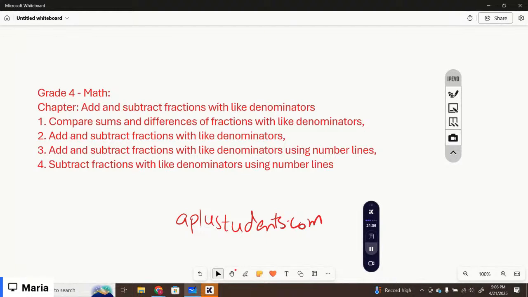We're going to start with the chapter add and subtract fractions with like denominators. The lessons we're going to cover today are comparison, sums and differences of fractions with like denominators, add and subtract fractions with like denominators, add and subtract fractions with like denominators using number lines, subtract fractions with like denominators using number lines.